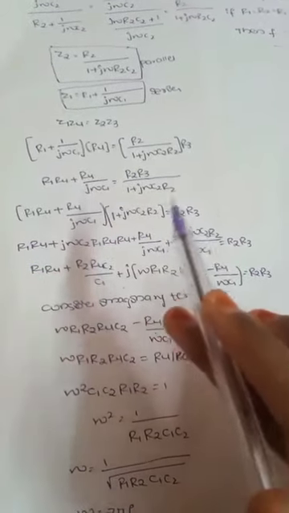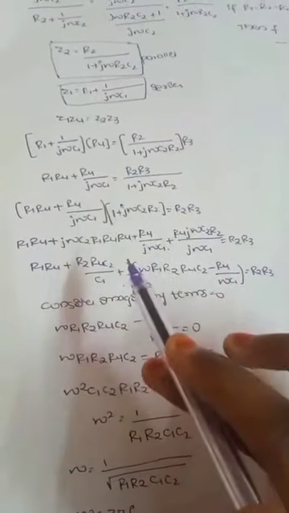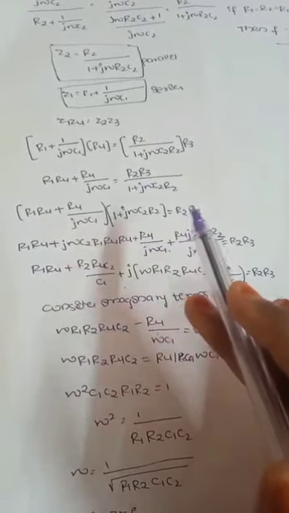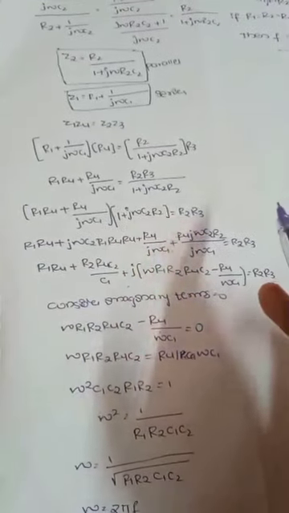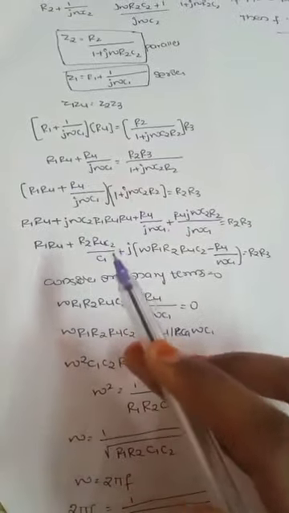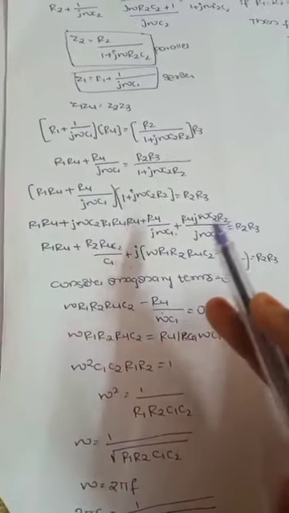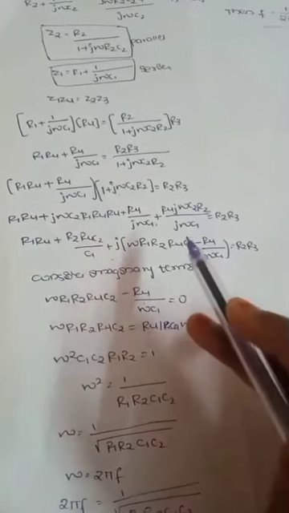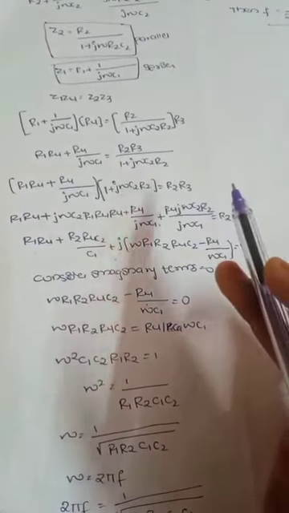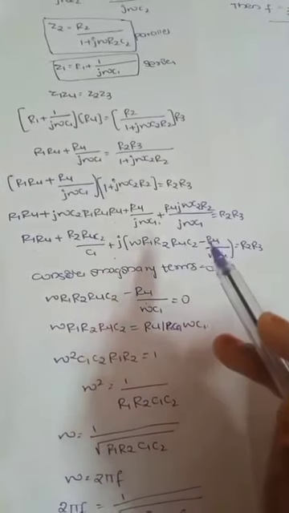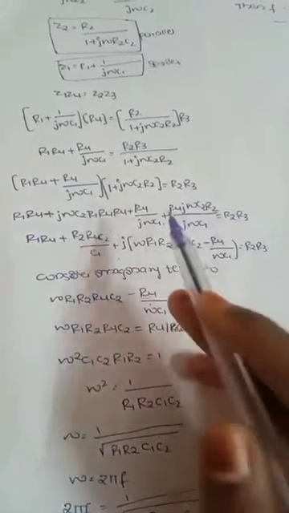Multiplying, R1 R4 plus R4 by j omega C1 times (1 plus j omega C2 R2) equals R2 R3, and expanding the terms gives R1 R4 plus j omega C2 R1 R4 plus R4 by j omega C1 plus R4 j omega C2 R2 by j omega C1 equals R2 R3.